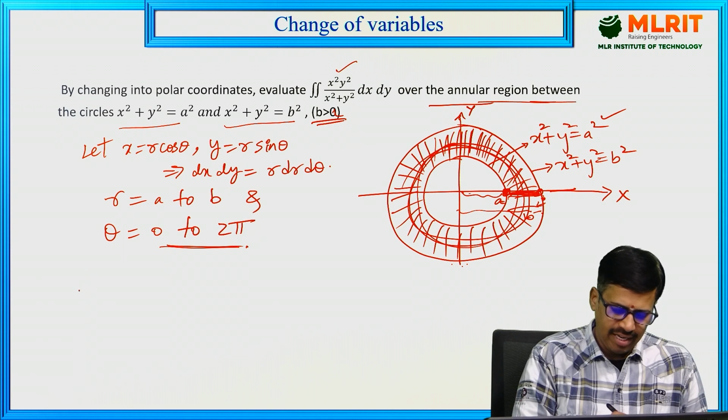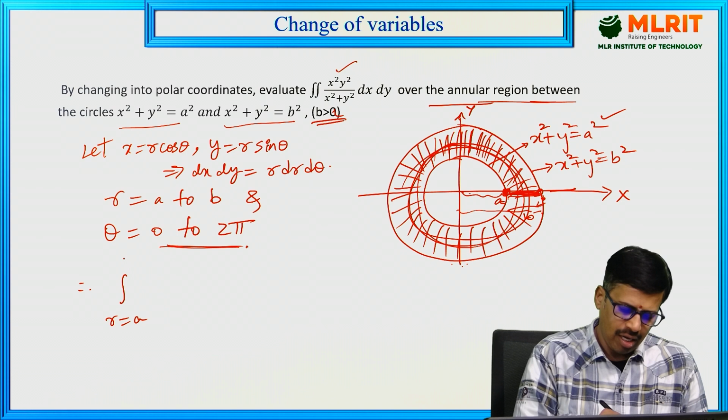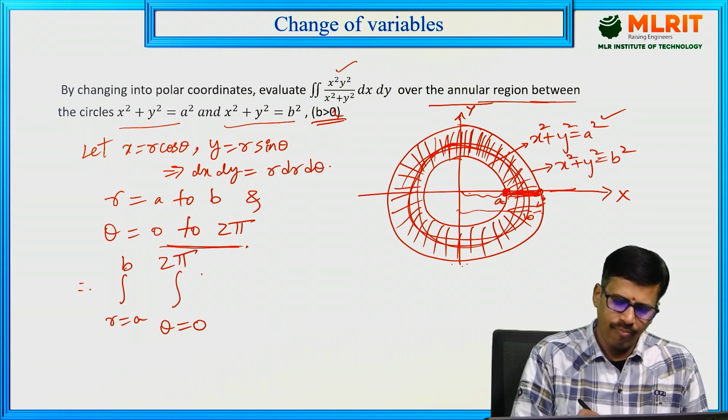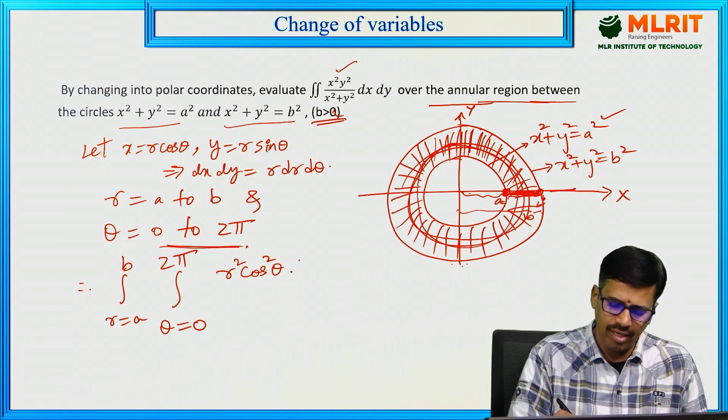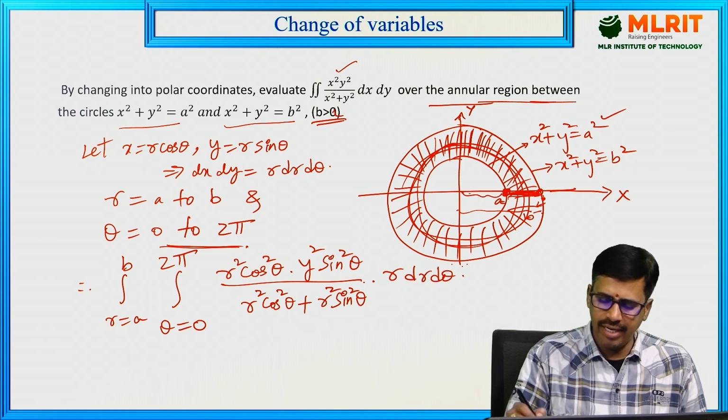So given integral can be written as integral r equal to a to b, theta equal to 0 to 2 pi, x square y square, x means r cos theta, that is x square means r square cos square theta, y square means r square sin square theta, by x square plus y square, r square cos square theta plus r square sin square theta. Dx into dy is r dr d theta.